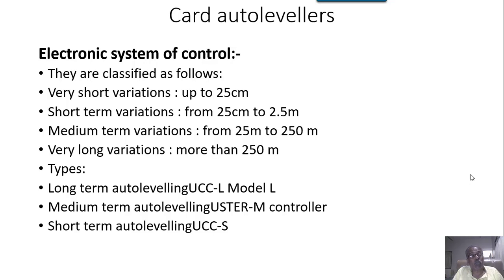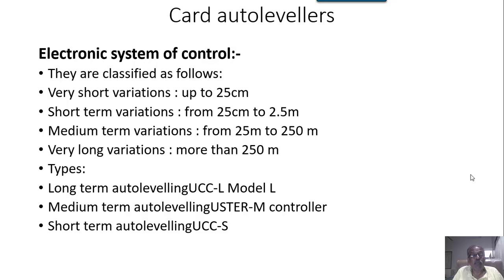This is the correct definition: how short and how long? Very short term means up to 25 centimeters. Short term variation means 25 centimeters to 2.5 meters. Medium term variation means 25 meters to 250 meters, and very long term variation means above 250 meters.